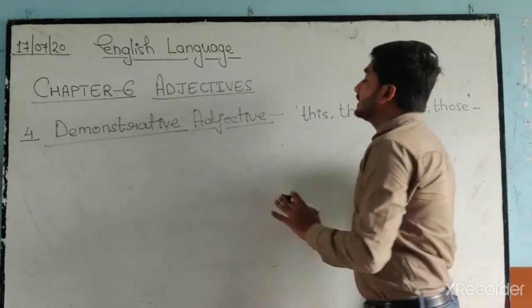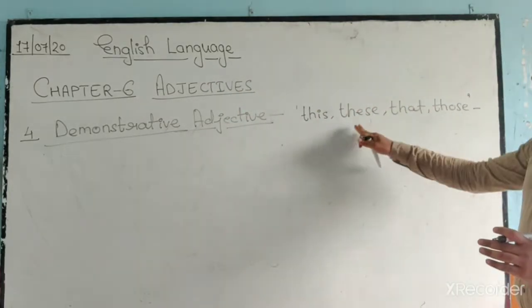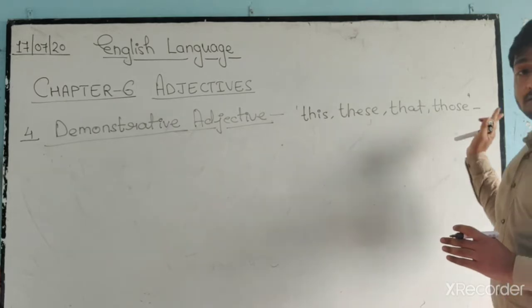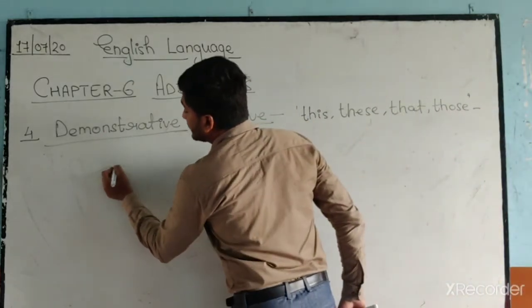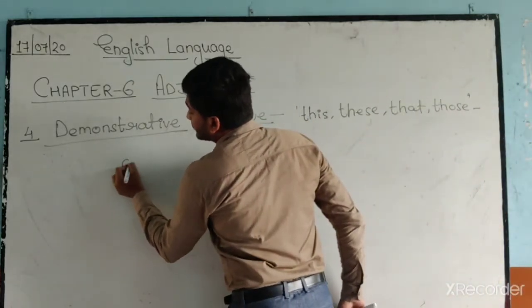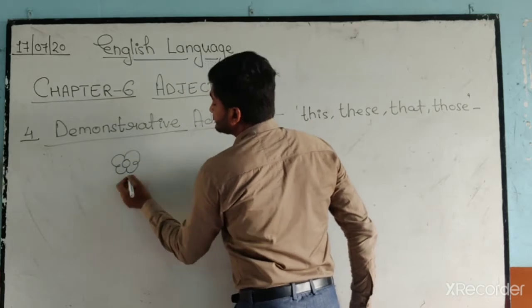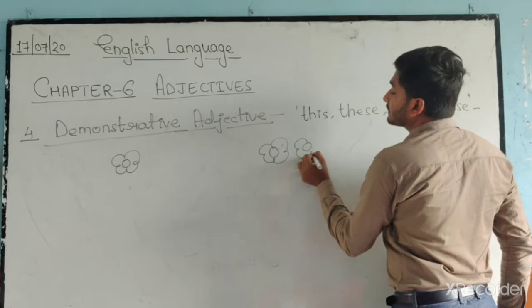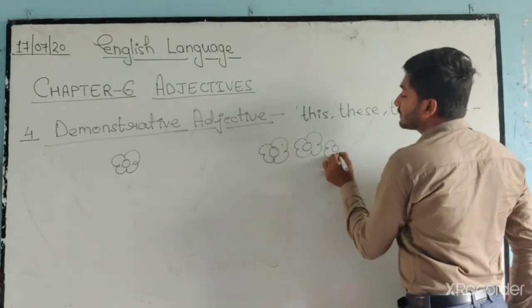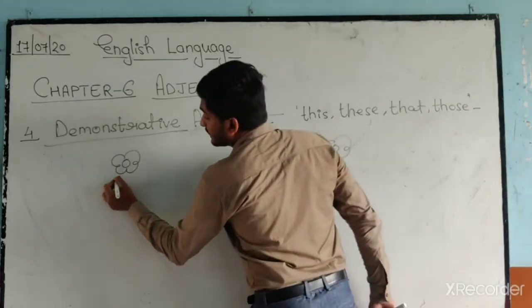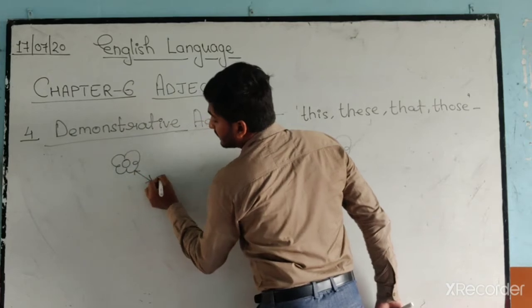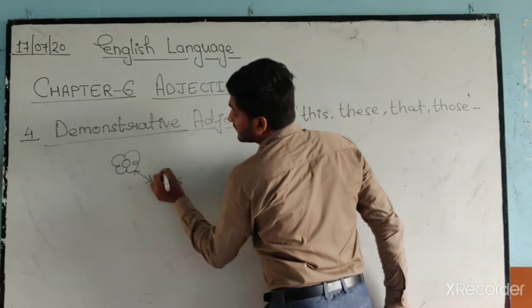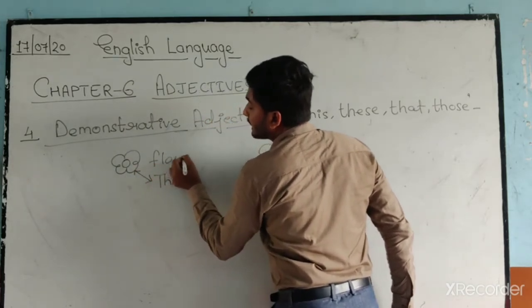First of all, let's understand the difference between this, these, that, and those. See, this flower.